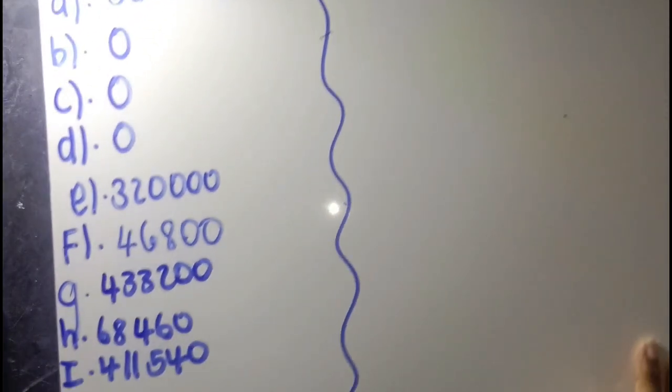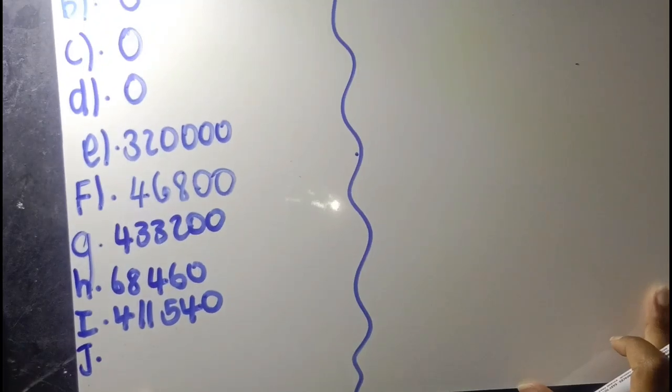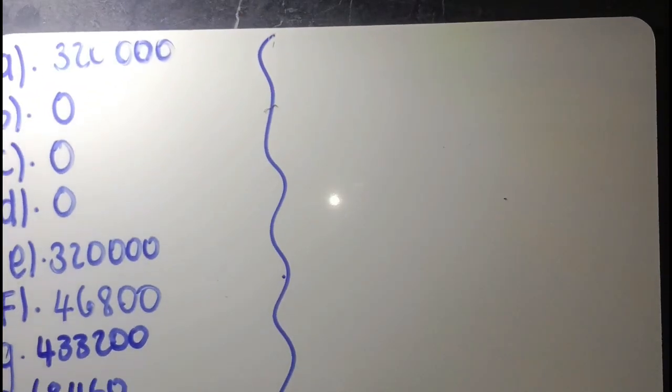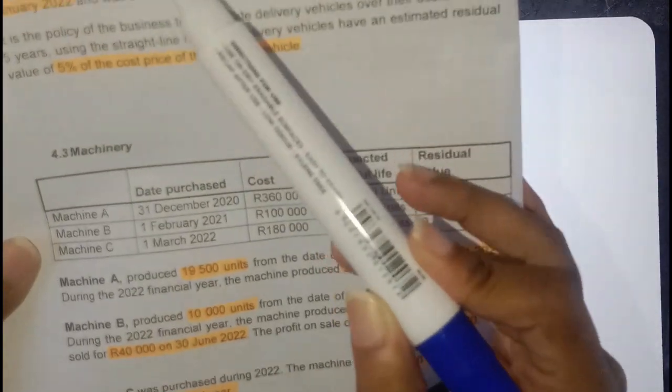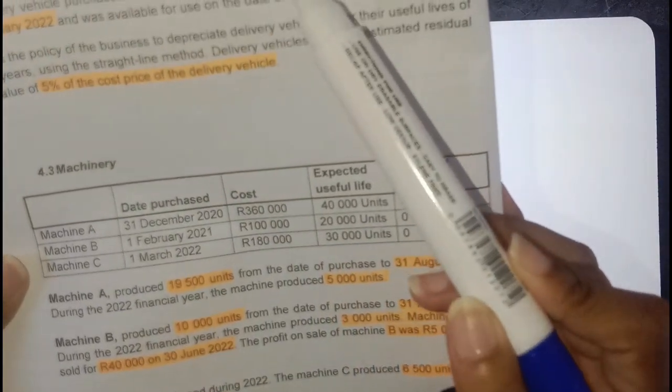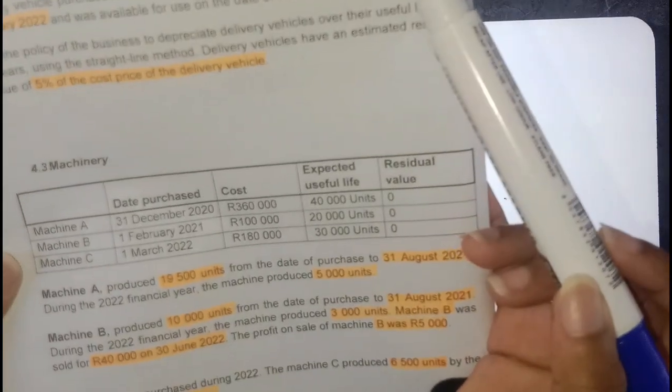Okay, guys, we're doing J, which is your additions. They're asking for additions of the vehicles. So now let's reach here. They're saying the company purchased a new vehicle on the 1st of January 2022 amounting to 400,000.